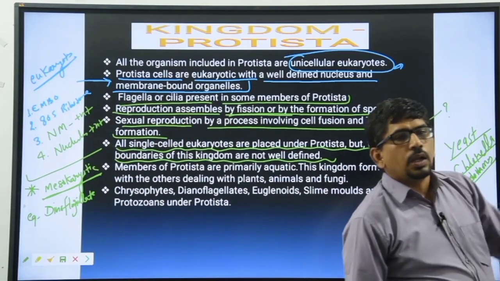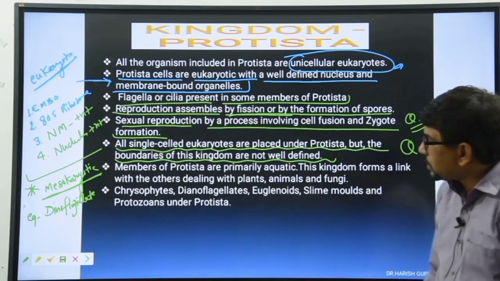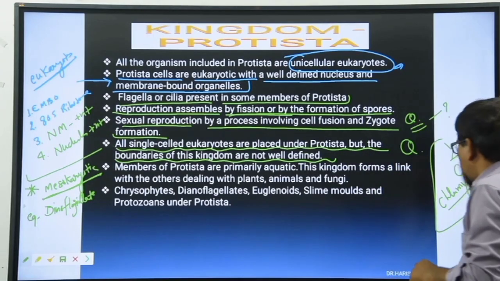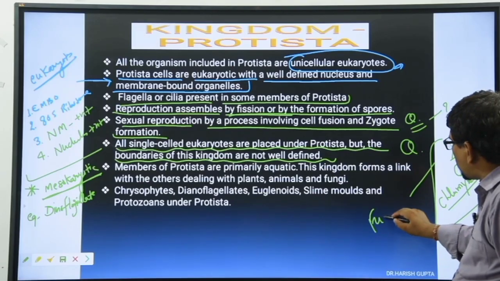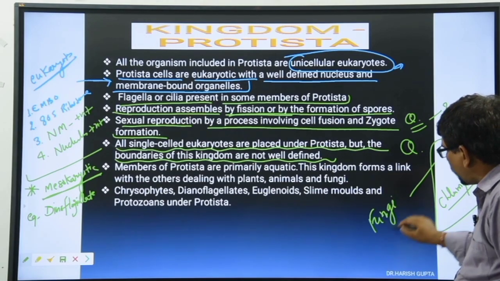These members are unicellular, but these members are present in fungi and algae. The yeast is a member of the fungi. We are studying the yeast in the fungi, not in a protista.